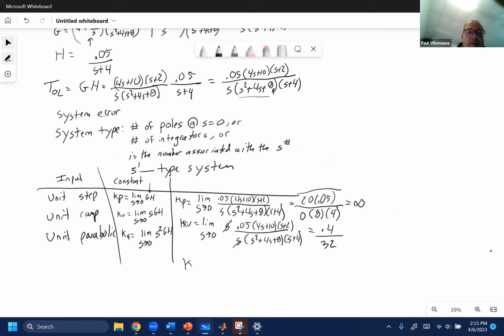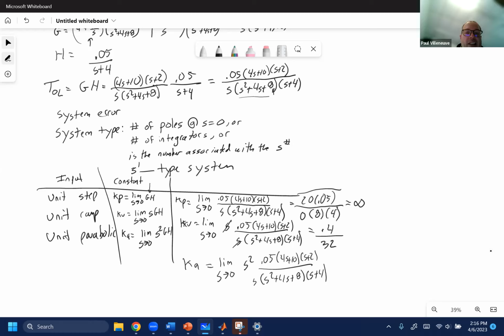Let's do our K sub A, our acceleration constant. The limit as s approaches 0, s squared times 0.05 times 4s plus 10 times s plus 2 all over s squared plus 4s plus 8 times s plus 4. And here's my s term.